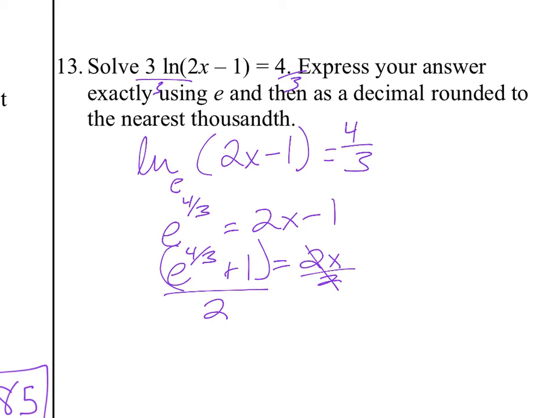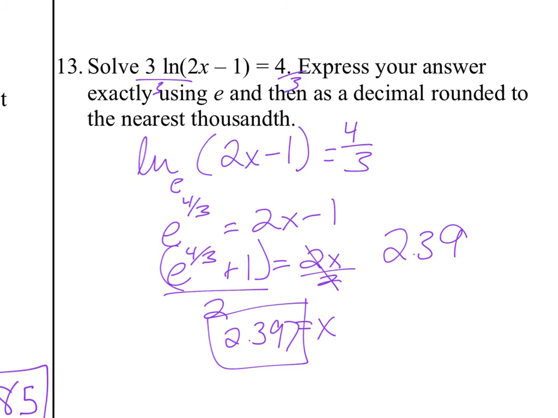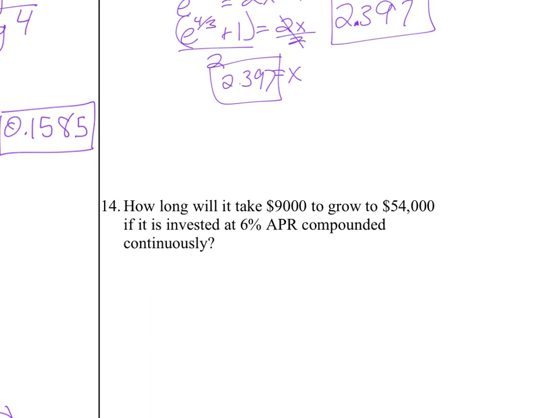And I get 2.397 to 3 decimal places. 2.397 is my answer. Okay.